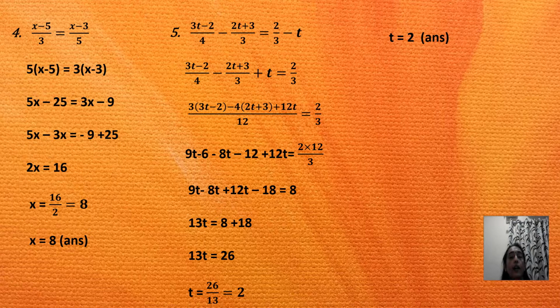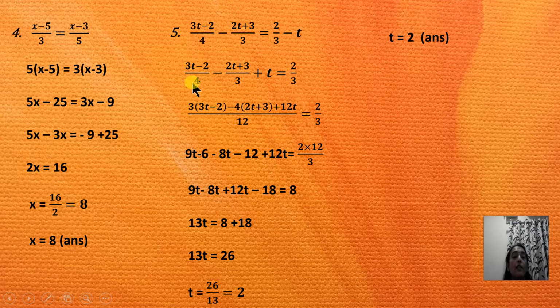So I collect the terms with t on one side and the constant term on the other side. Here we have at present only one constant term. So I take this minus t on the other side. 3t minus 2 upon 4 minus 2t plus 3 upon 3 plus t is equal to 2 upon 3.